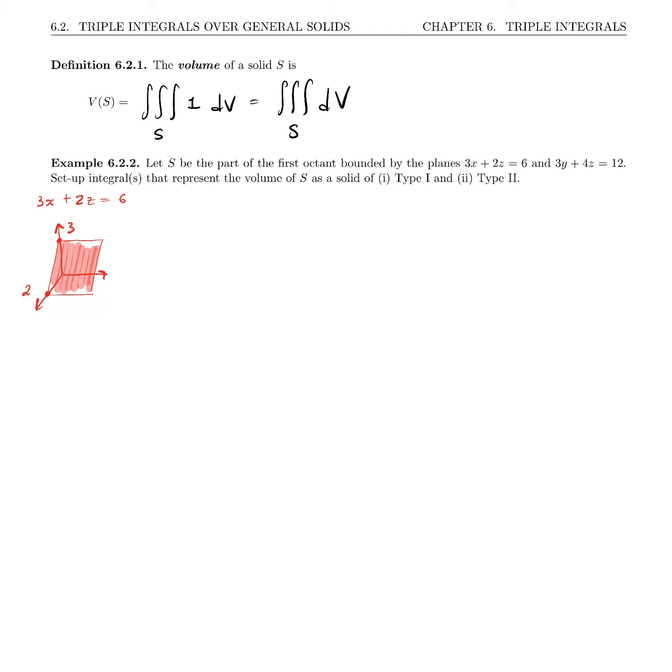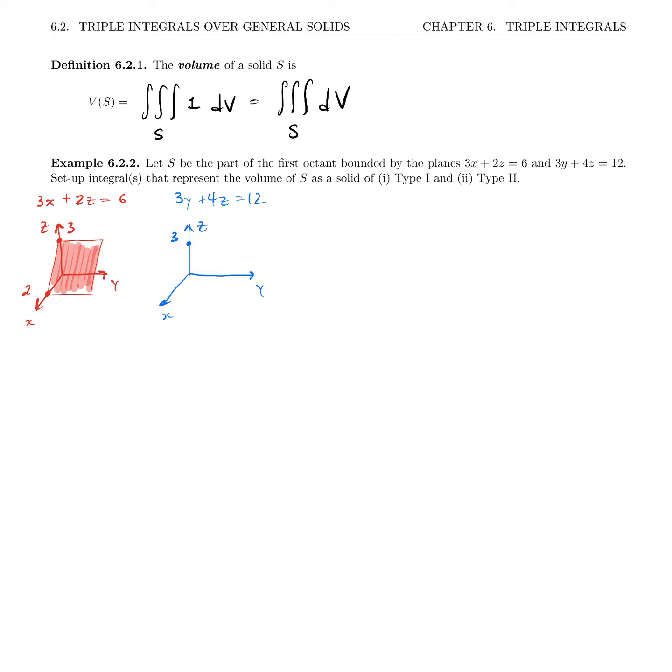Now our second plane is 3y plus 4z equals 12. We're going to do the same thing. Again, we only need the first octant. I really should be labeling my axes, x, y, z. We're going to go by intercepts again. If we let y equal 0, z is 3.